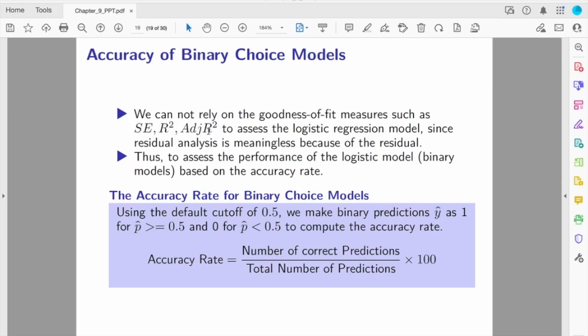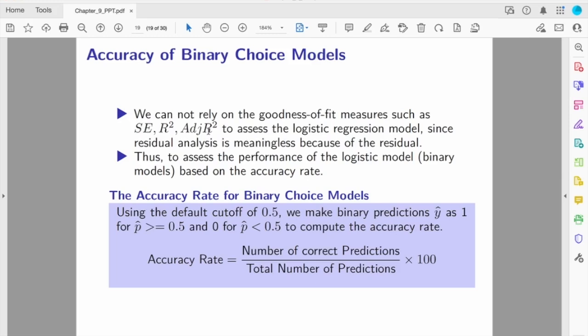Once you calculate the probability for an observation, if I give you an observation, and we found that the expected probability that this person is going to default on a loan is 0.6, you have to classify this observation. So is this guy going to default on the loan or not? Because the probability is greater than 0.5, you're going to classify him as yes. So he's going to default: you give him a value of 1.